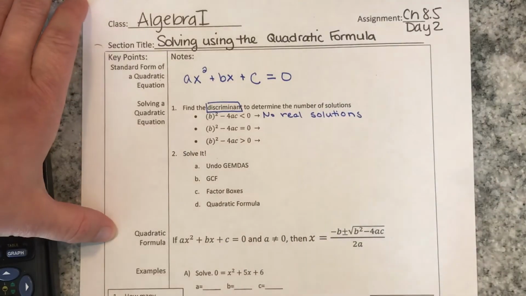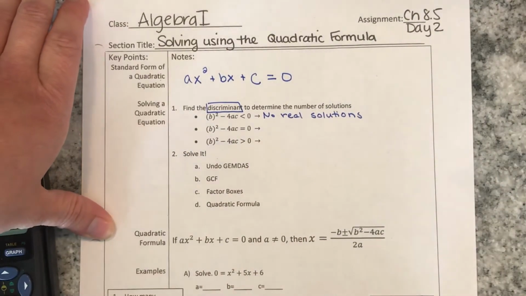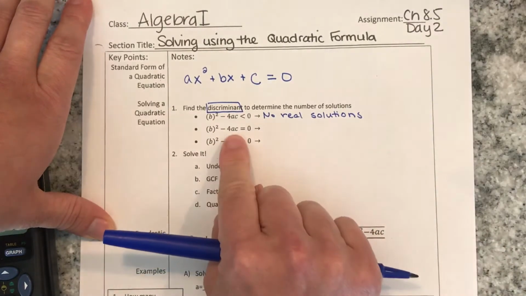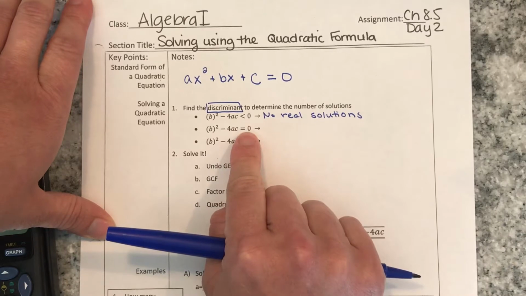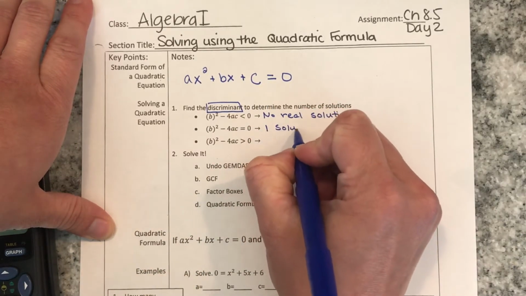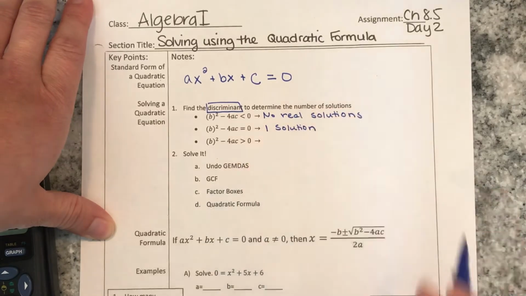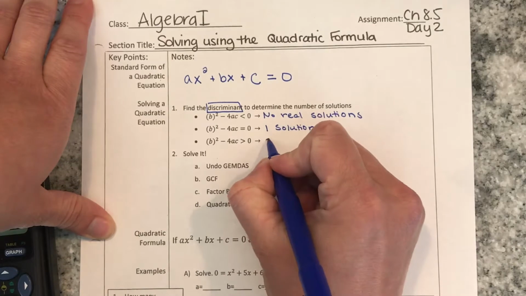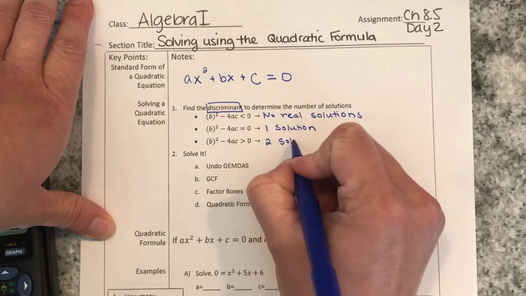So based on your Algebra 1 skills, you are not able to solve it. That's an Algebra 2 thing. If your discriminant is equal to 0, you have one solution. And if your discriminant was greater than 0, a positive number, you had 2 solutions.